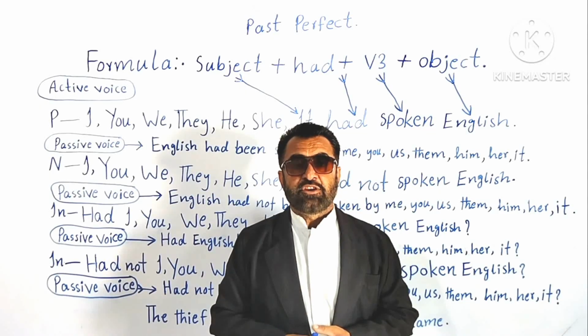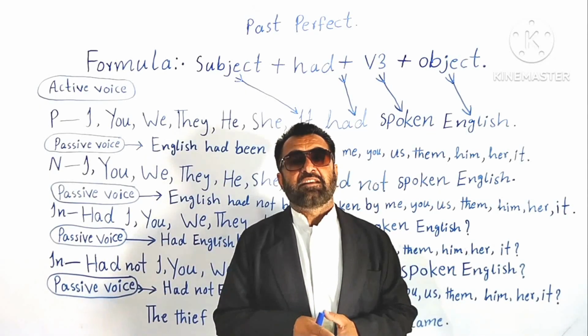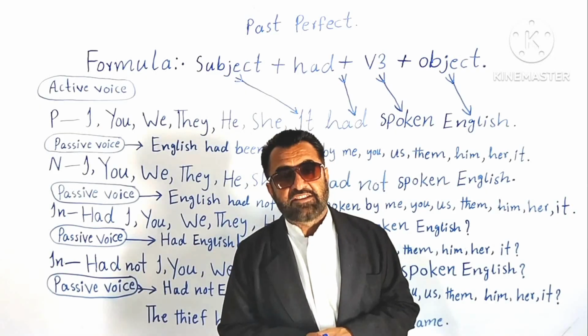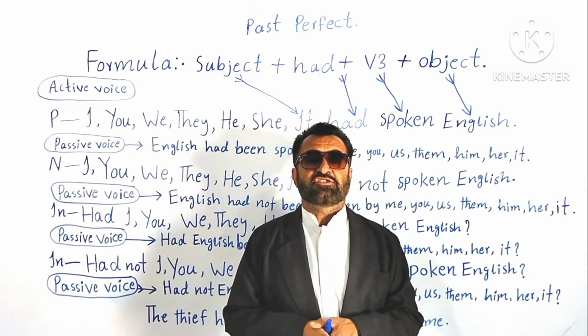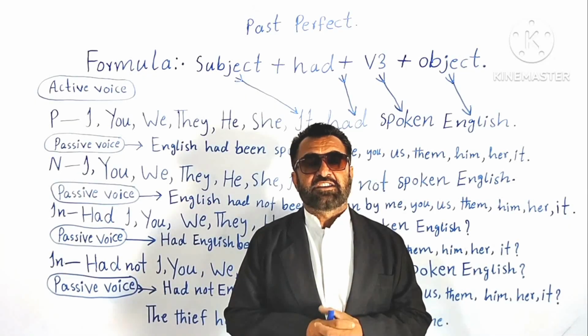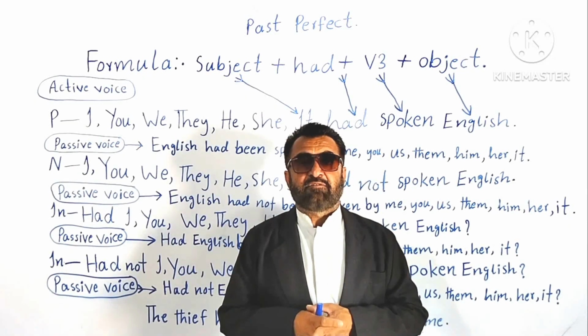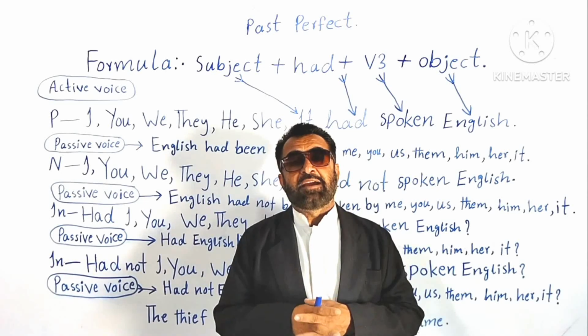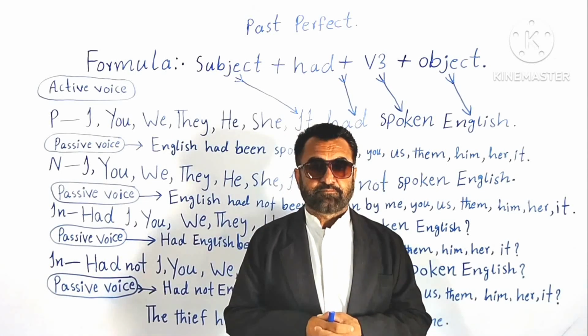Understood? Here I have written only one example, because I didn't have enough place on the board, so that you understand them very well. The past perfect sentences can be made like this also.